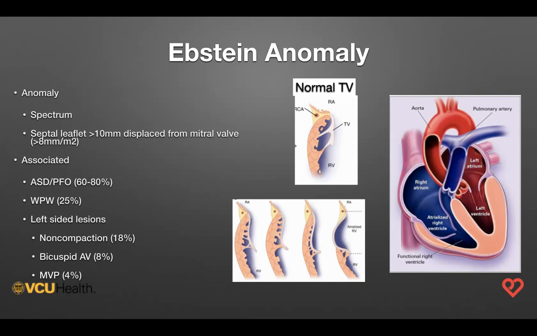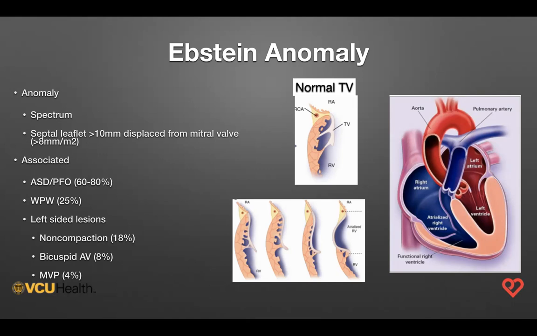And then you have atrialization of the RV because there is no motion or mobility of that anterior leaflet. And that's why we call the septal leaflet like a sail, because it is trying to reach and get to that anterior leaflet. So please pay attention to the amount of motion of that anterior leaflet as you are looking for patients with Ebstein's anomaly.